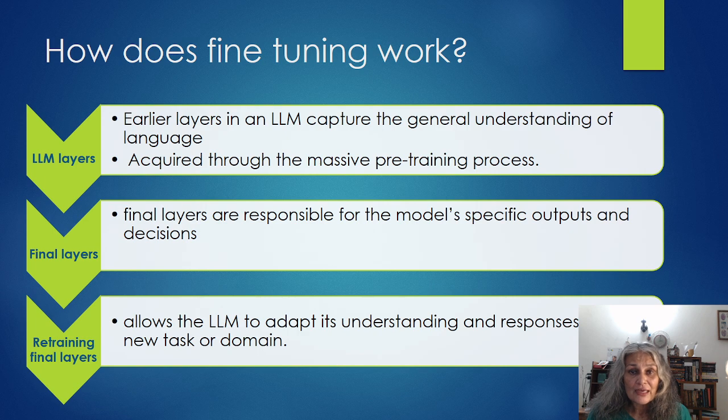This, of course, is acquired through the massive pre-training process. The final layers, that is the topmost layers, are responsible for the model's specific outputs and decisions. So it is these layers which are retrained and that enable the LLM to adapt its understanding and responses to a new task or domain.